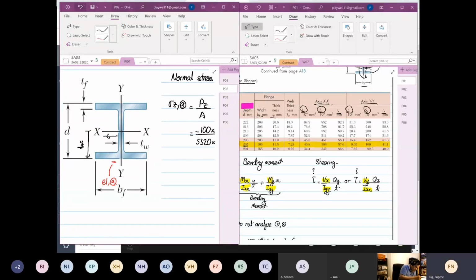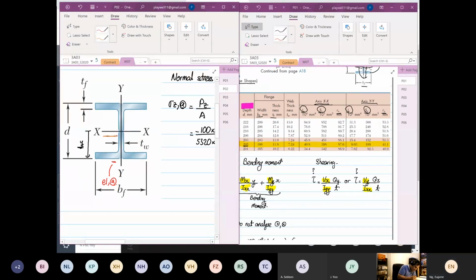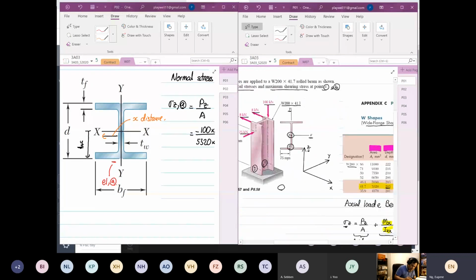So this is our x distance. From our problem set, we are aware that x is from the tip, 75 millimeters.